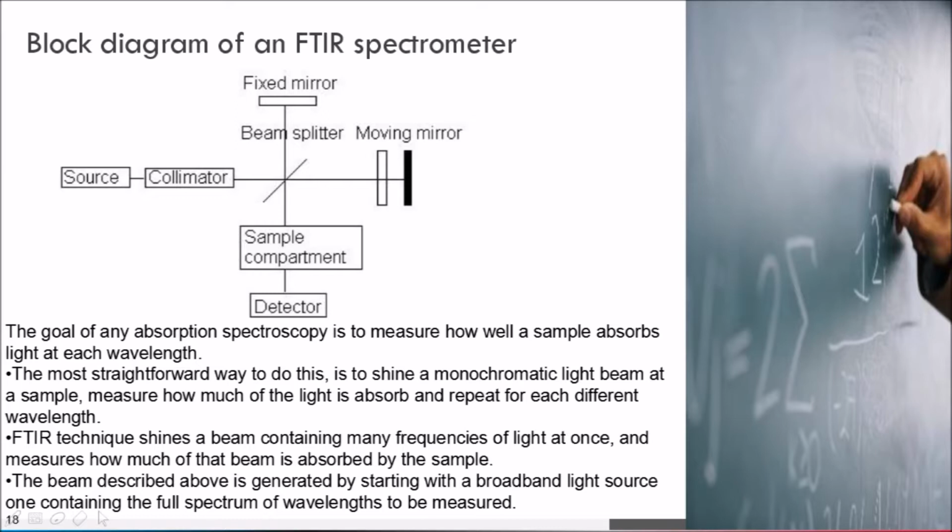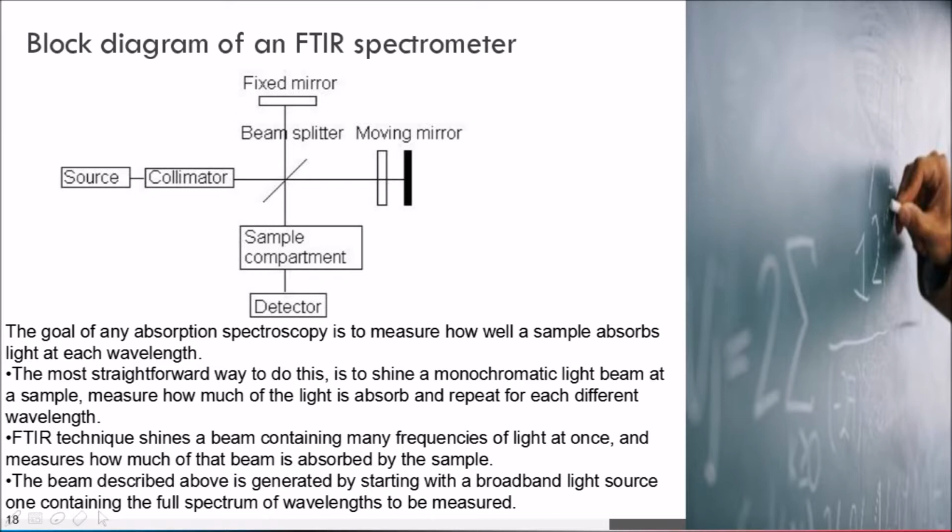The goal of any absorption spectroscopy is to measure how well a sample absorbs light at each wavelength. The most straightforward way to do this is to shine a monochromatic light beam at a sample, measure how much of the light is absorbed, and repeat for each different wavelength.